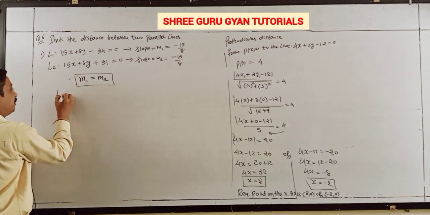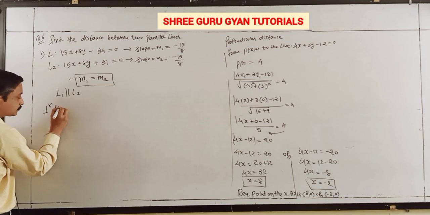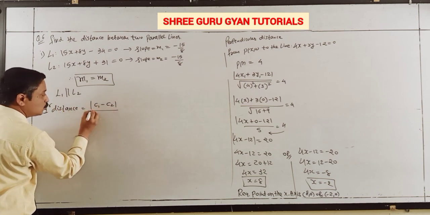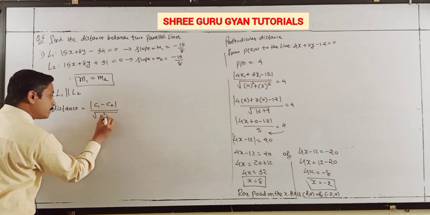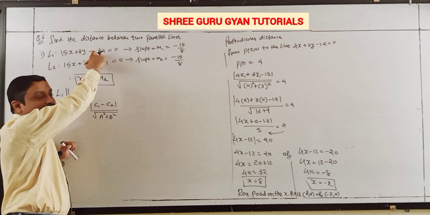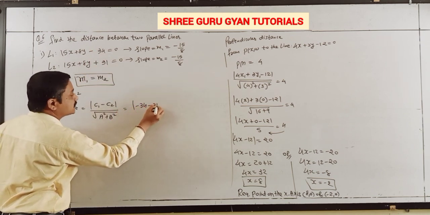So confirmed, L1 is parallel to L2. So the perpendicular distance between them is c1 minus c2 by under root a square plus b square. Students, here you take c1 and then c2. So what's your c1? Minus 34, minus 31.